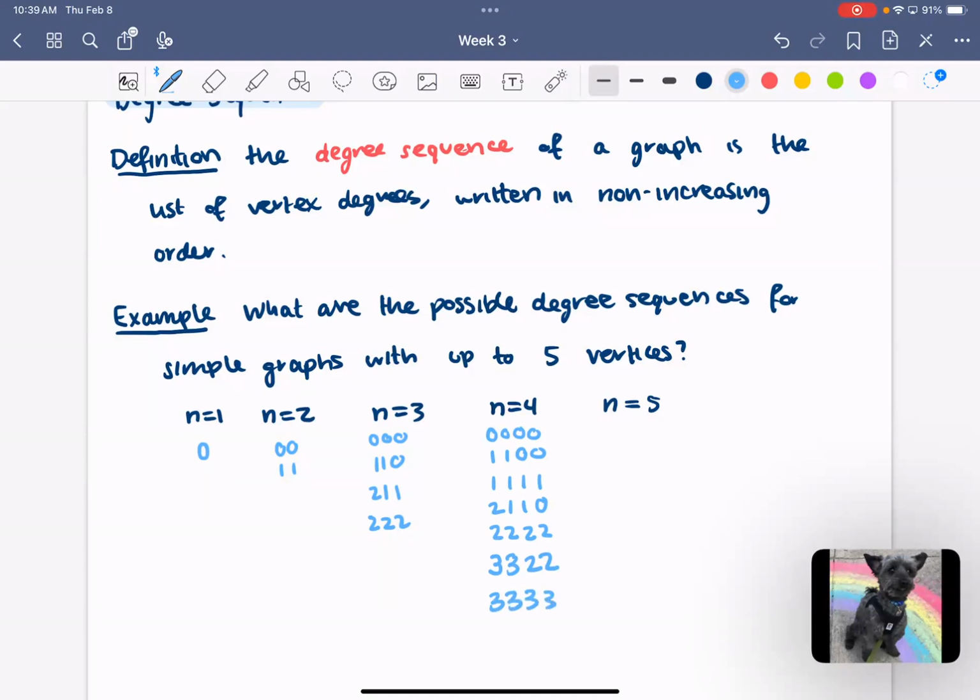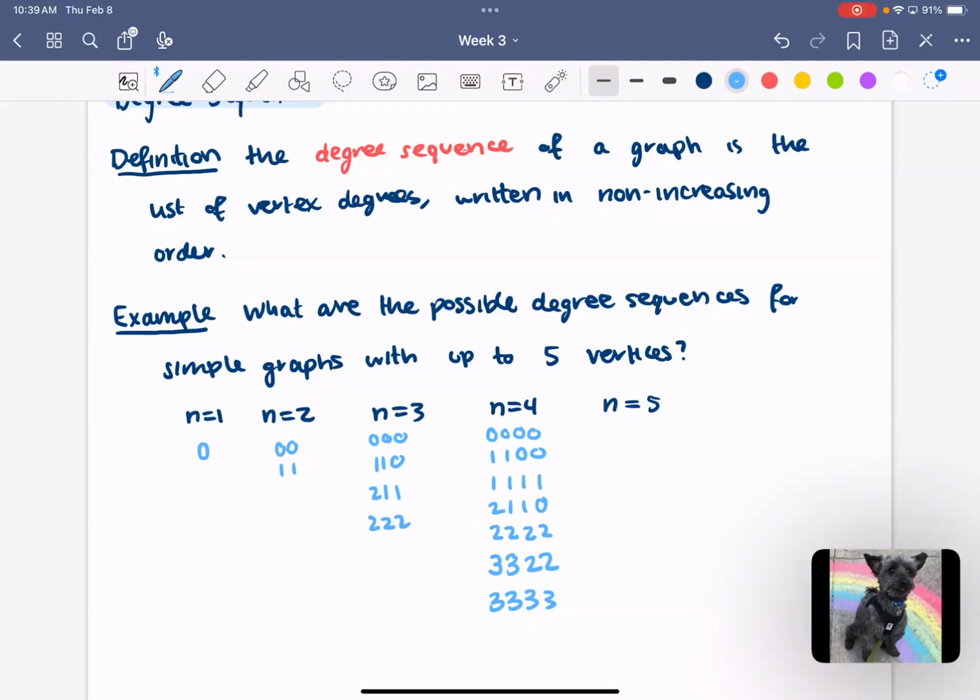Okay, and then maybe we won't go through the full n equals 5, but I'll ask a question. Does the degree sequence specify the graph?